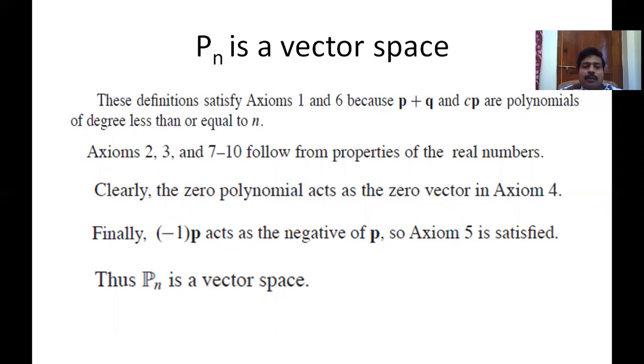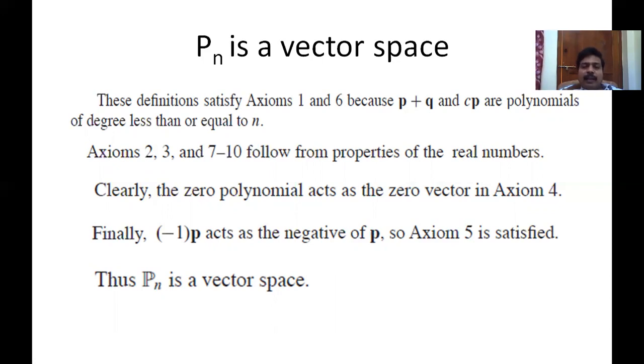As real numbers hold all these properties, our set Pn also holds these properties. The zero polynomial, that is p(t) = 0, is the zero polynomial that acts as the zero vector, which is required under axiom number 4. If you add that zero vector to any vector, you will get the vector itself.